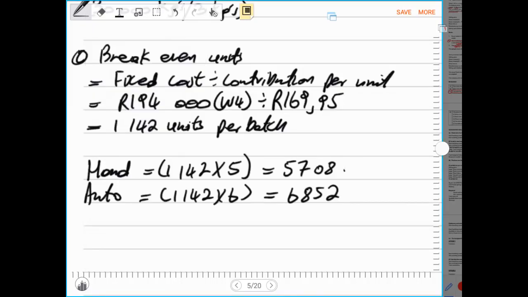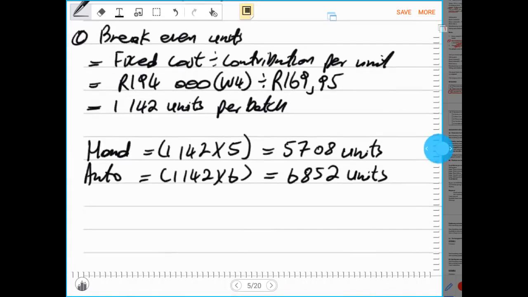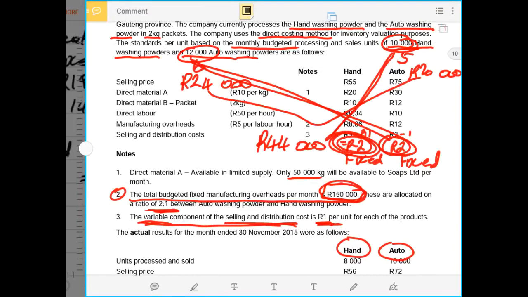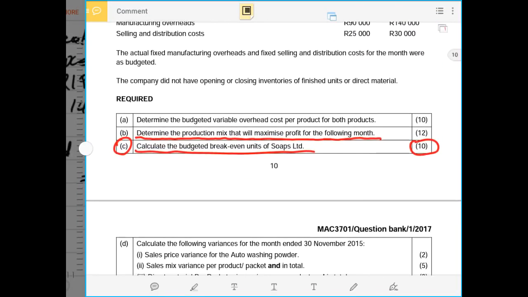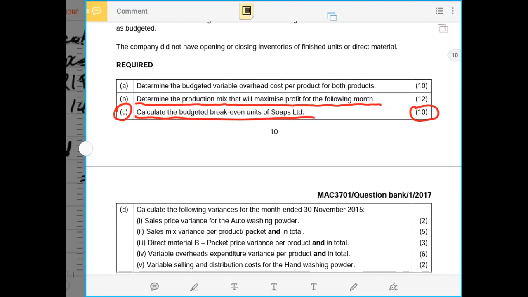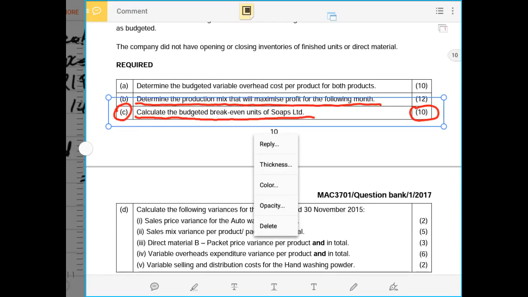This is the break-even point in units, and by that we have responded correctly to the third requirement. Now we go to the fourth requirement, which is the last one, just variances, and then we are done.